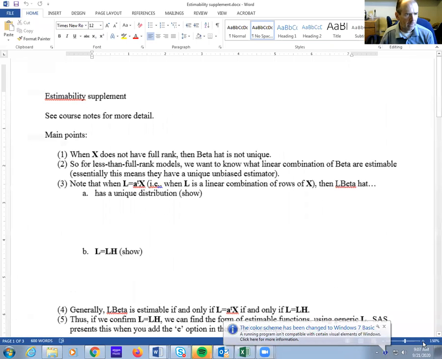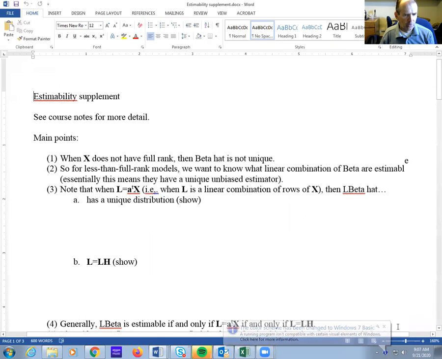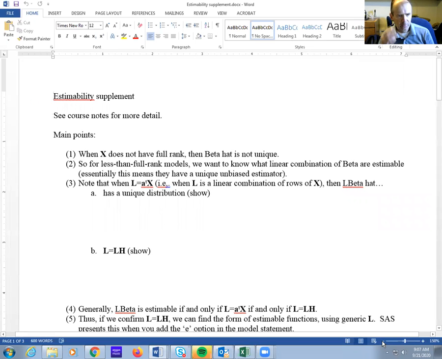So we'll consider, for simplicity, the general linear model. So when X does not have full rank, then beta hat is not unique. So for less than full rank models, we want to know what linear combinations of beta are estimable. You know, what things can we estimate in our model is essentially what that's asking.